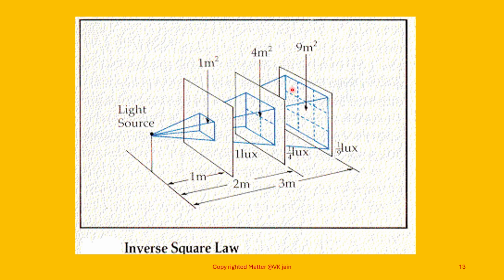Here the intensity has diminished to 1 by 9 lux on this area, as compared to 1 by 4 on this area, as compared to 1 lux on this 1 square meter area. So it is inversely proportional to the square of the distance.